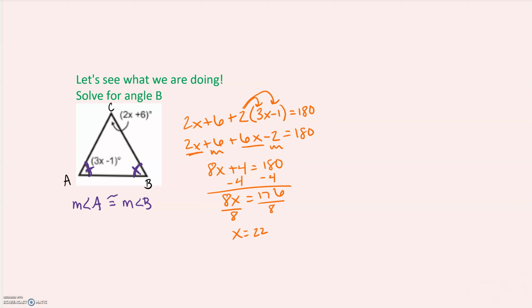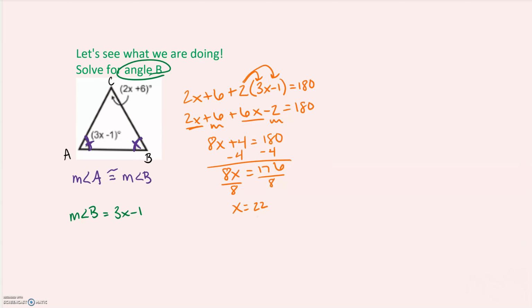So now that I know that the measure of x is 22 degrees, I need to solve for angle B because that's what the question's actually asking. So now, since the measure of angle B is the same as angle A, I can say that the measure of angle B is 3x minus 1, which x we know is 22.